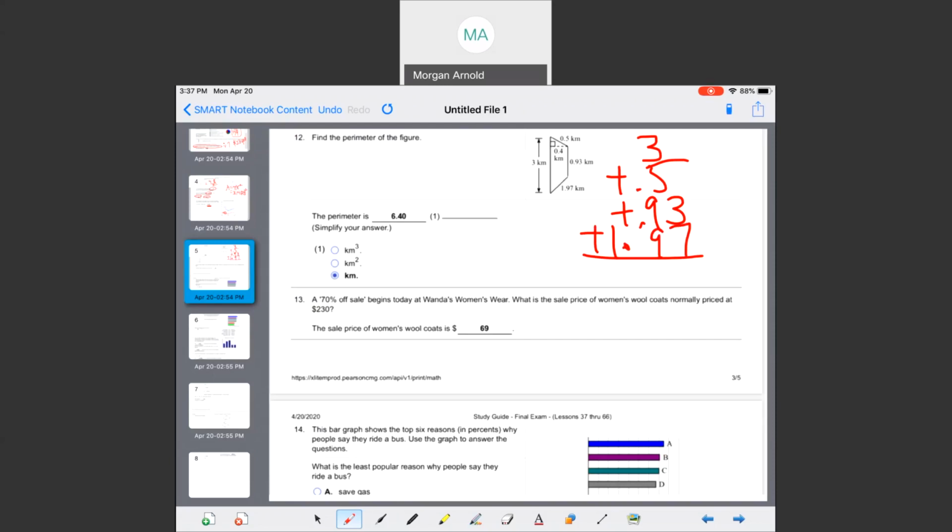And when you add all of those amounts together, even though my decimal points are misaligned, you'll get 6.4 kilometers for the perimeter.